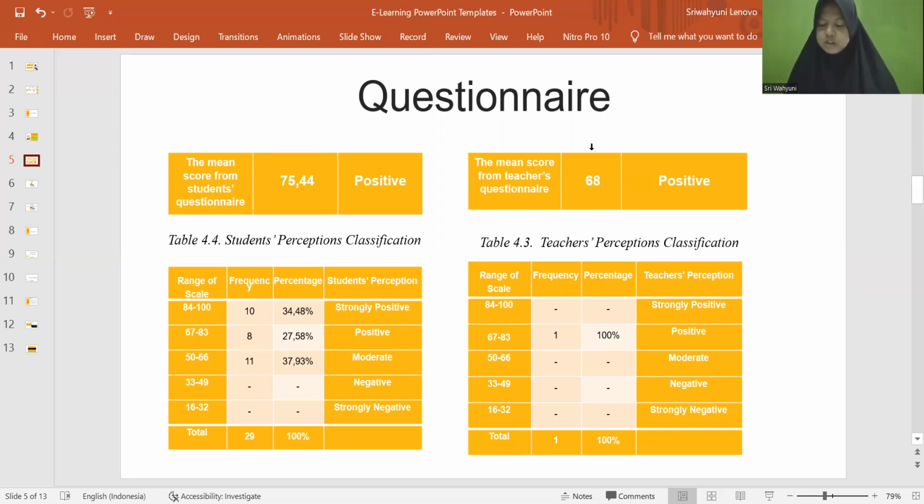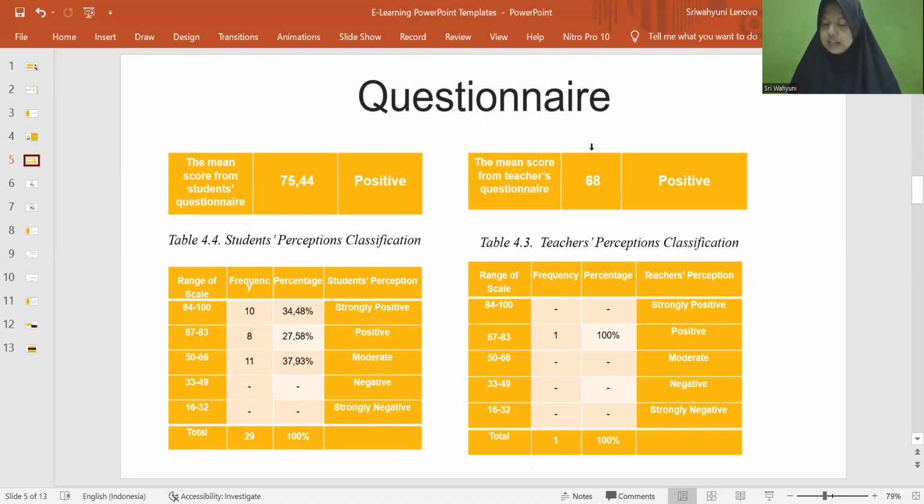So the total score from the questionnaire from the teacher was 68 with a total sampling was 1 and the total score from the questionnaire from the students were 2,188 with a total sampling was 29.